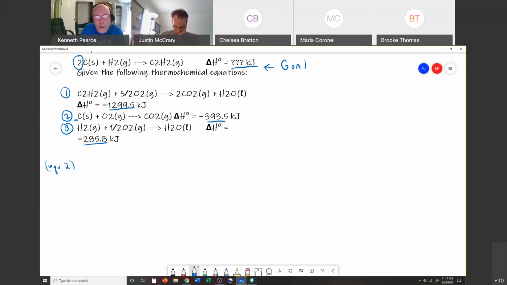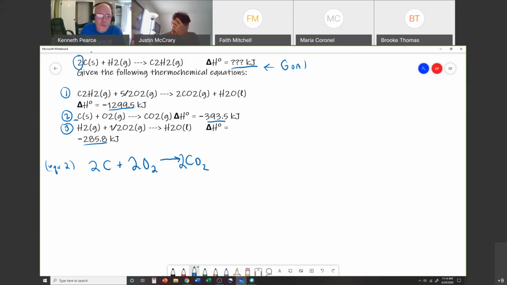Now, since it's already on the left-hand side, I'm going to leave it on the left-hand side. So I say 2 carbons plus 2 oxygen gases gives me 2 CO2s. Put a 2 there. There we go.